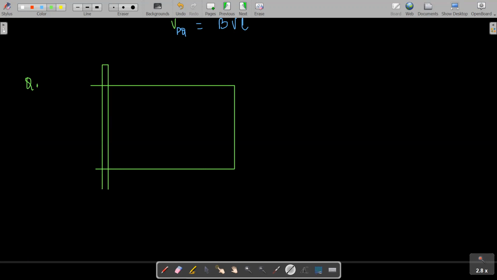Students, we have studied about force on a current carrying conductor in a magnetic field, right? We have already studied that.